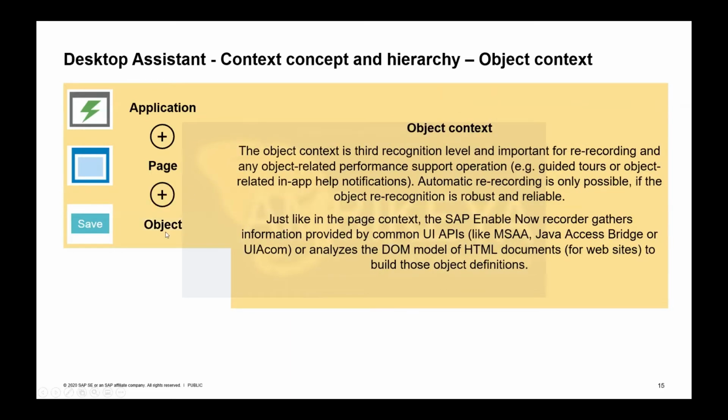And then the last one is the object context, and objects use the same interfaces again. Those interfaces tell us, okay, you click me and I can tell you what I am: I am a button, my name is Save, this is my position. All that information is used by the recorder to create the interaction advice texts, etc. In HTML documents, meaning websites of any kind, we analyze the DOM model, the actual source code of the website.